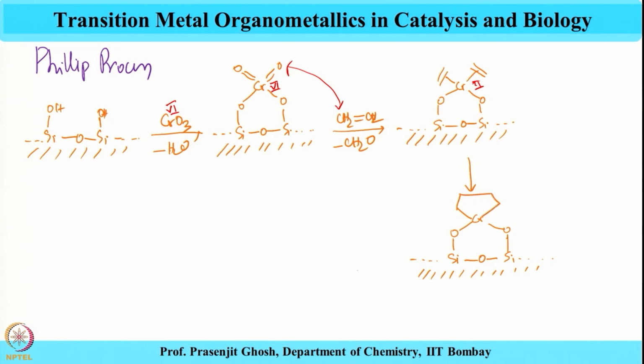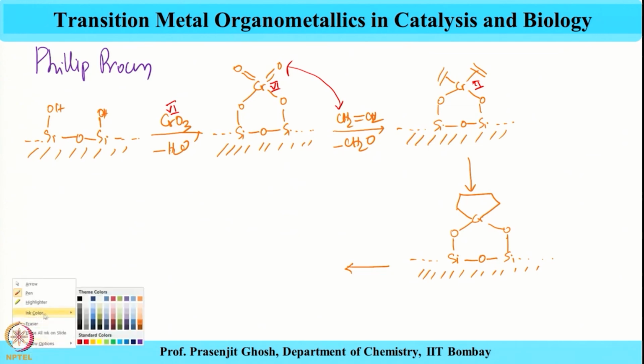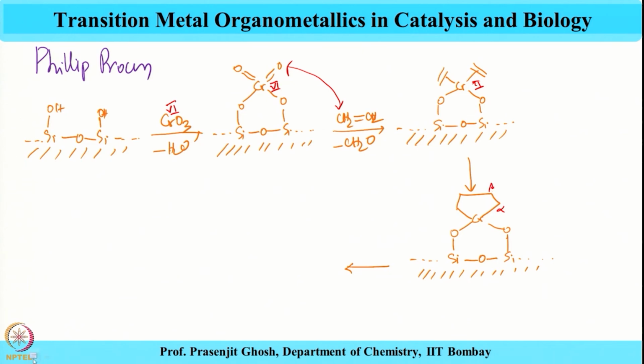Five-membered chromium metallocycle that then beta hydrogen eliminates the way it is shown.